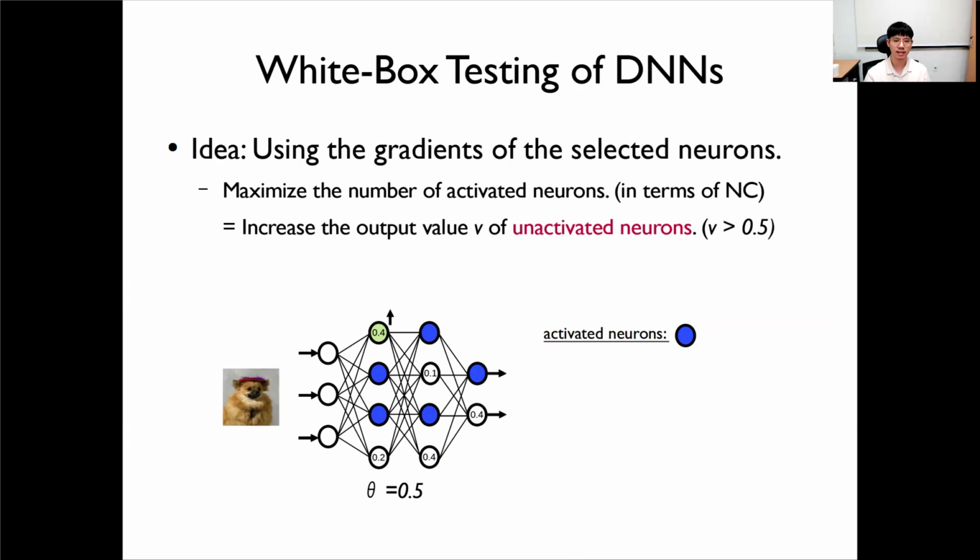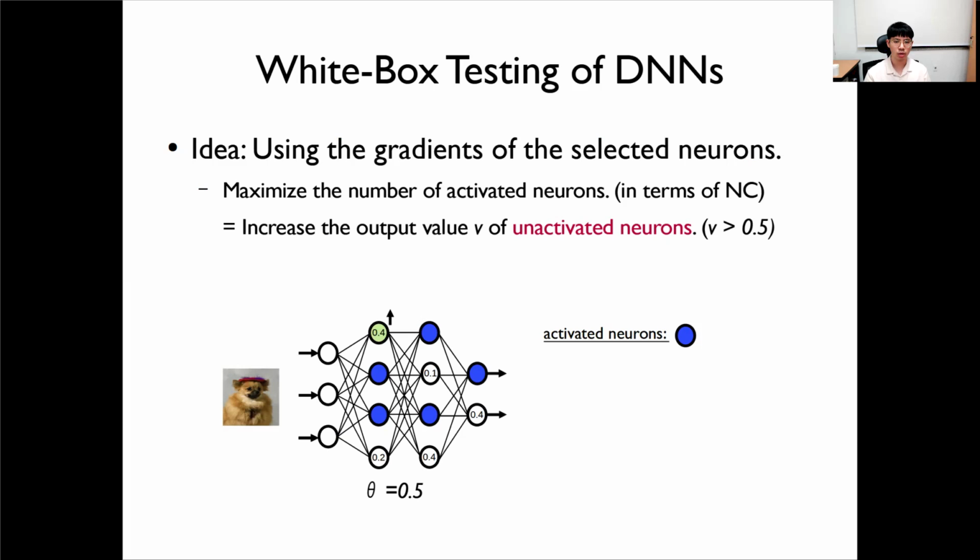So suppose that the DNN takes the dog image and calculates each output value of neurons and then activates 5 neurons as a result. So we should be able to generate the next input that increases the inactivated neurons, such as the first neuron at the second layer highlighted in green.